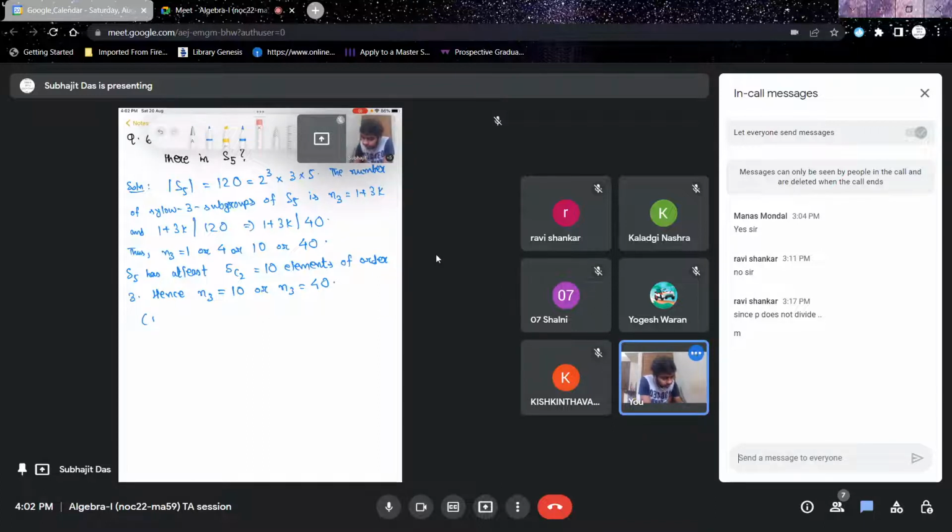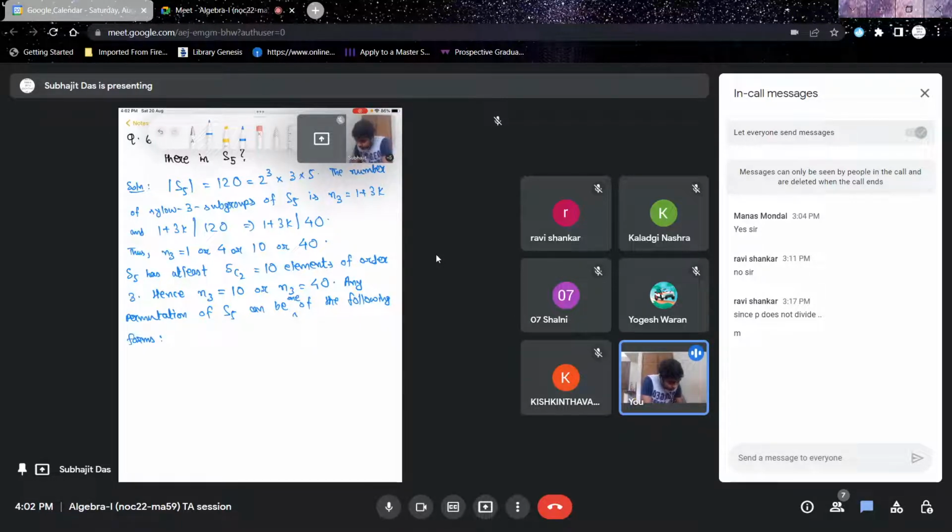So let me write it clearly. Any permutation of S5 can be of the following forms, exactly one of the following forms.